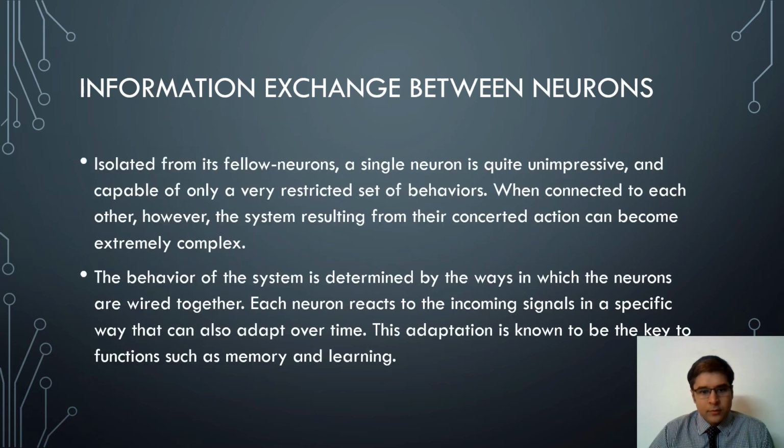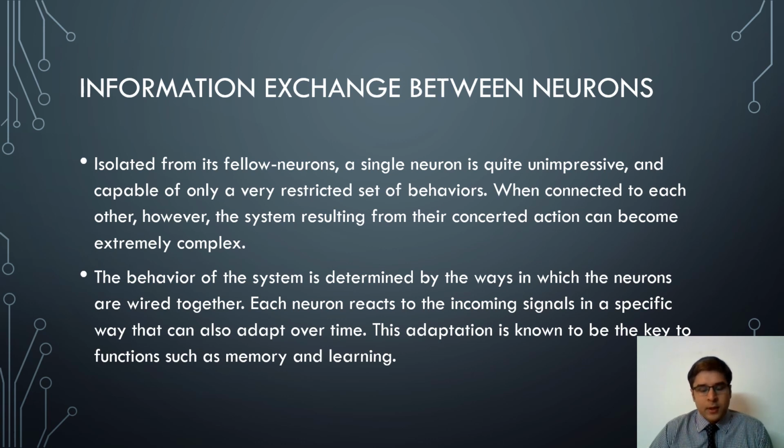Isolated from its fellow neurons, a single neuron is quite unimpressive and capable of only a very restricted set of behaviors. When connected to each other, however, the system resulting from their concerted action can become extremely complex.